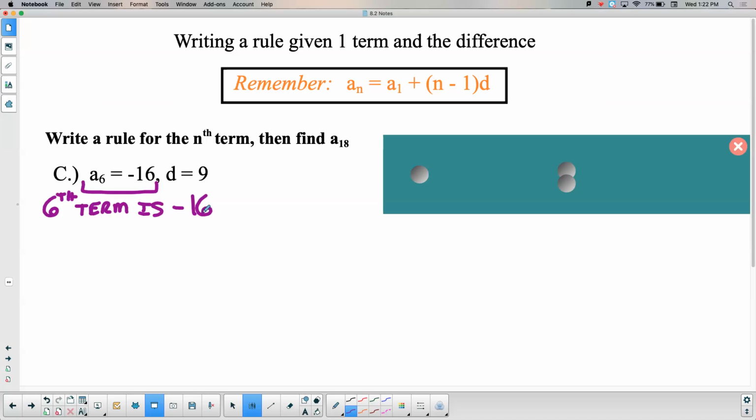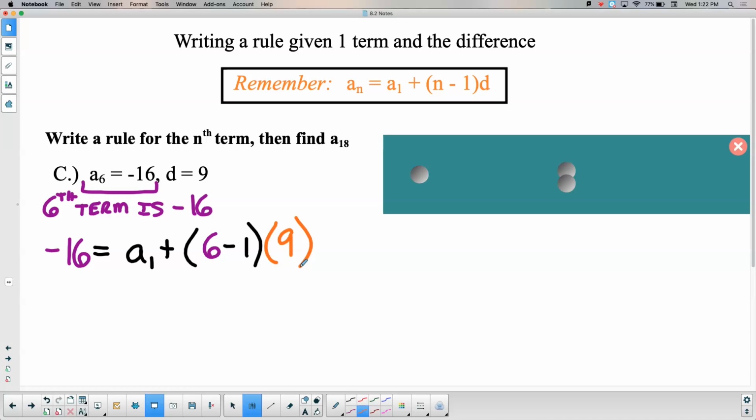So if we use the rule, negative 16 would be my sixth term. That's going to equal, I don't know what my first term is, I know that my sixth term is what we're talking about, minus 1. And I know my common difference d is 9.